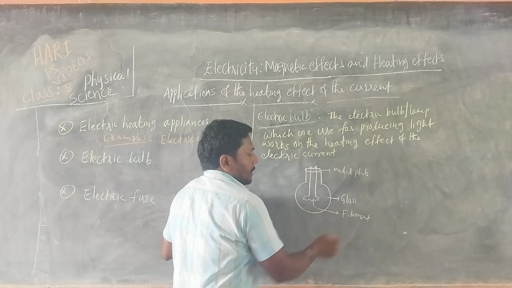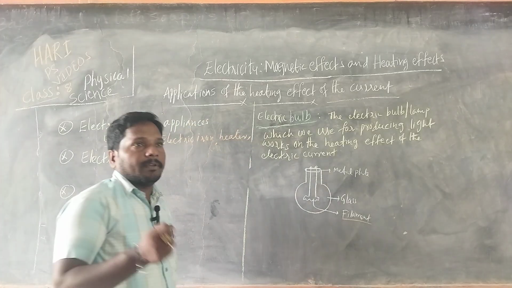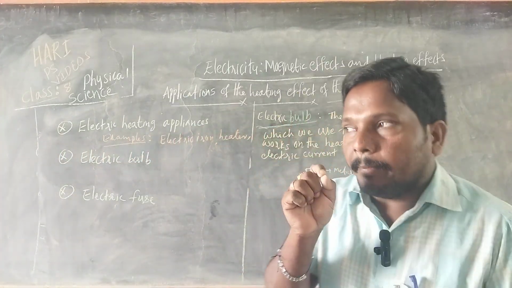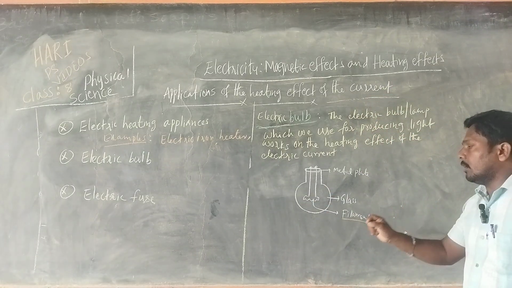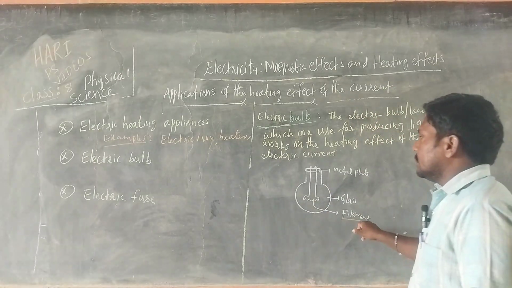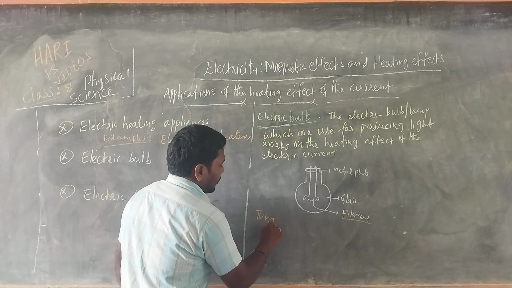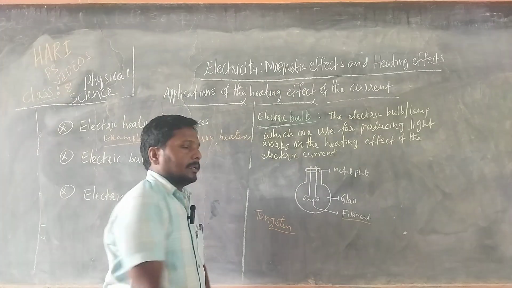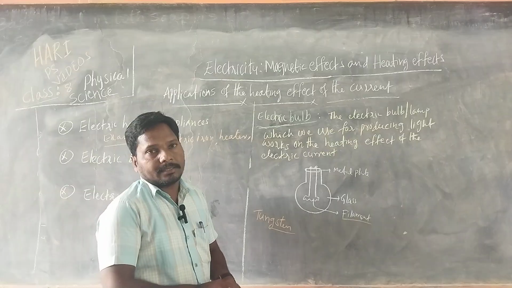That very thin metallic wire is called a filament. Generally, this filament is made from an element called tungsten. Tungsten is a metal that has high resistance.